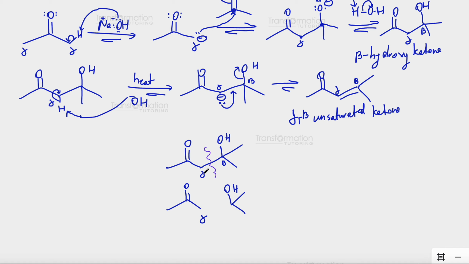So you labeled your alpha and beta carbons, you found your alpha and beta, you broke between alpha and beta, and then what you will do is you will turn your OH into double bond O, and those are the reactants that underwent aldol condensation to give you this product. In some textbooks, this product is actually called the aldol addition product, and then the final product is called aldol condensation, so depending on your textbook.